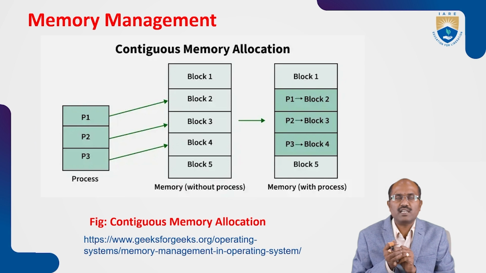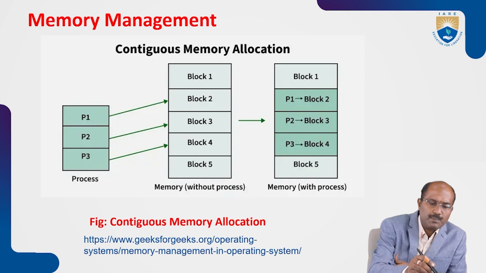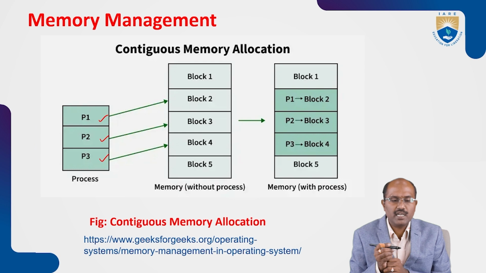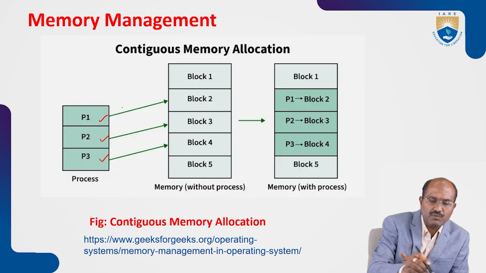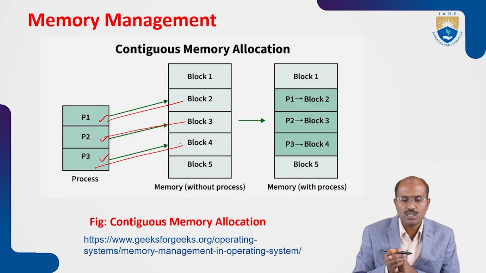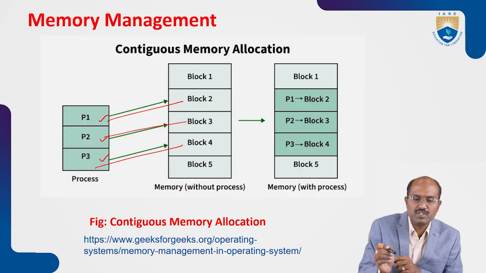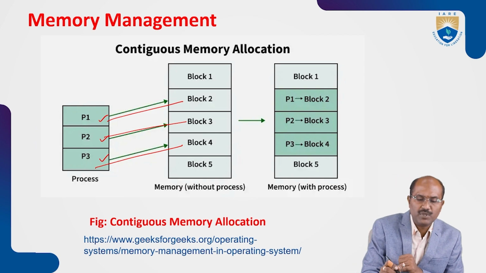I am going to explain contiguous memory allocation with this diagram. There are processes P1, P2 and P3 being allocated to memory. Initially there is memory without processes. Then process P1 is allocated to block 2, P2 to block 3, and P3 to block 4.